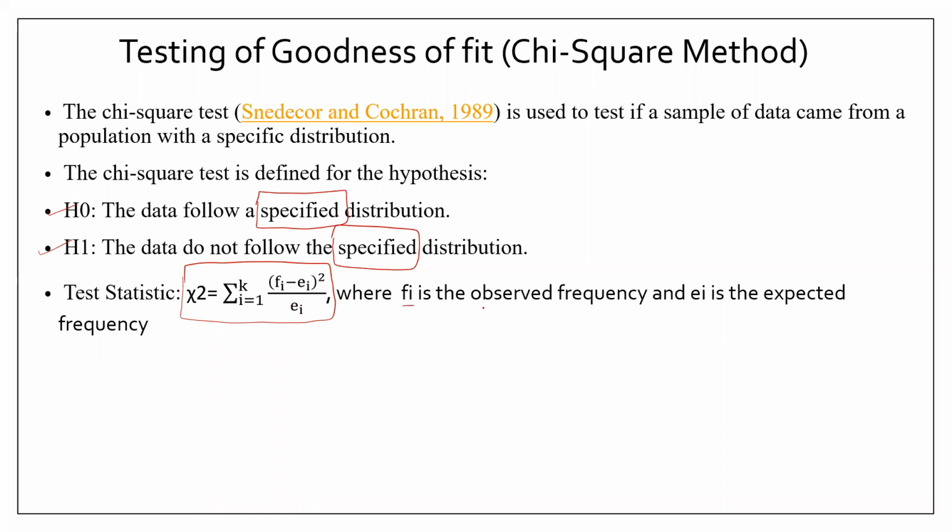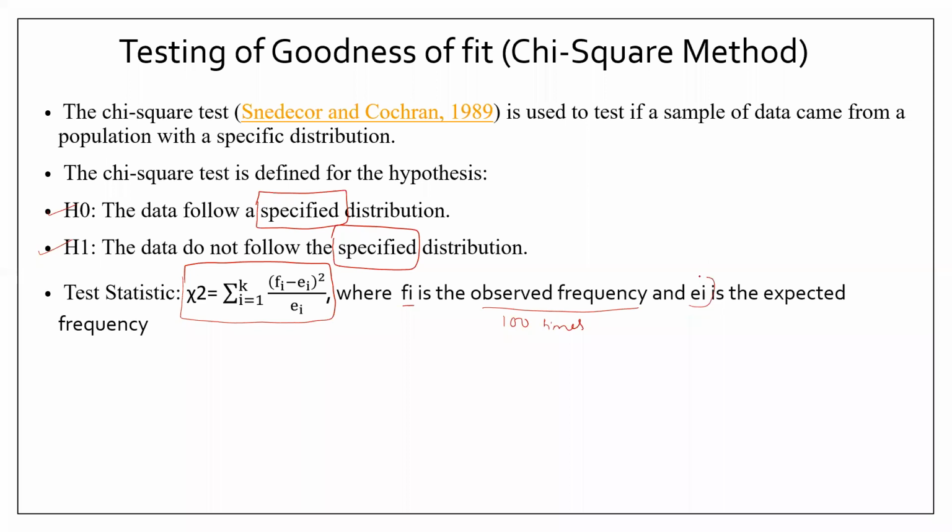Fi is the observed frequency. Observed frequency means, in general, they will do the experiment, let's say, 100 times, and whatever values you get, that frequency is the fi. This frequency will be given to us. If it is not given, we can even find that. I will show you in the problem how we do that.